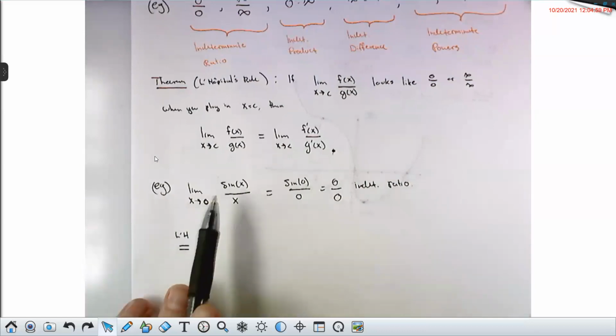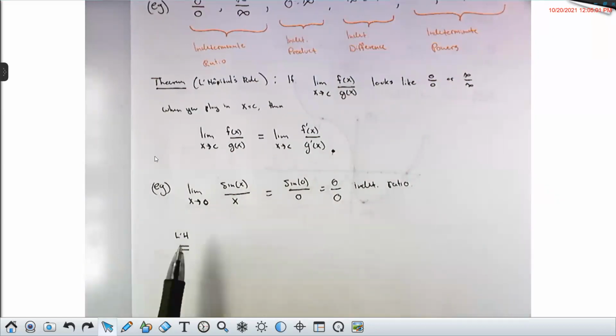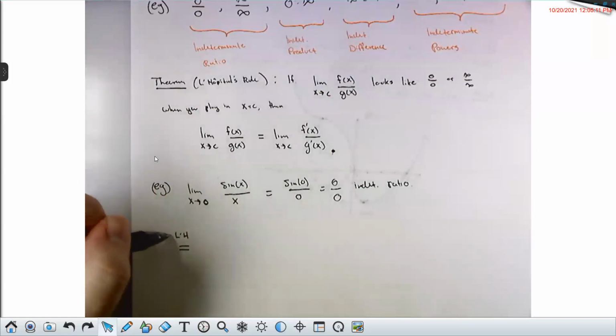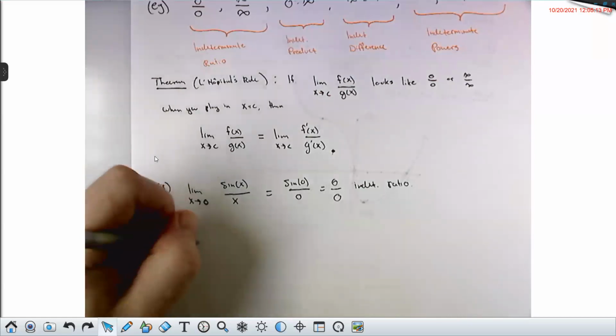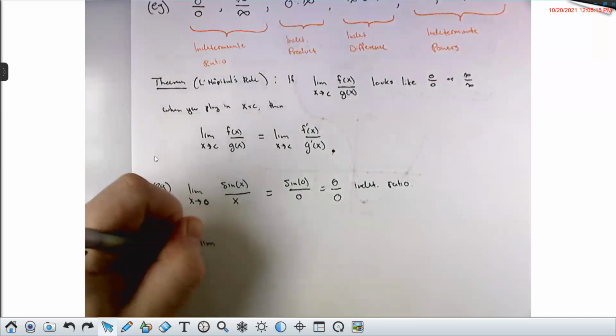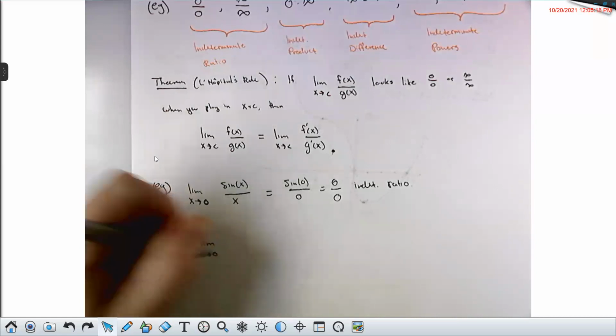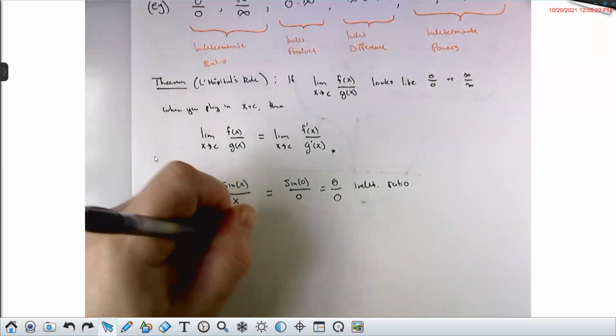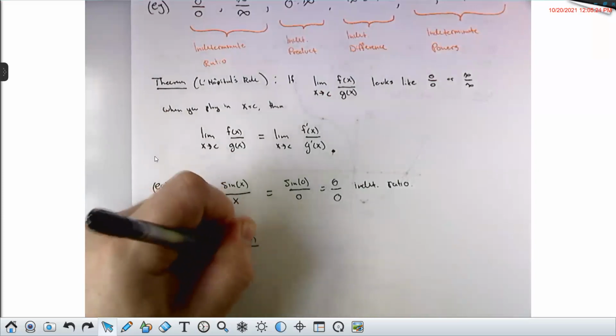When you're going to say that one limit is equal to another limit by L'Hopital's rule, you make some mark on the page somewhere that tells me that the reason they're equal is because of L'Hopital's rule. So here I like to say, by L'Hopital's rule is equal to, just put a little LH over the equals, lim x to 0, the derivative of sine, which is cos x, over the derivative of x, which is 1.